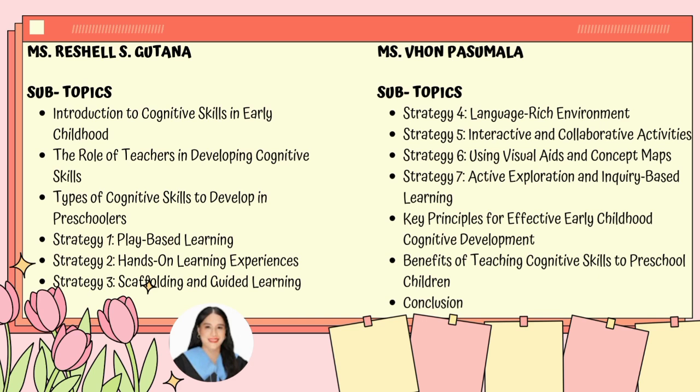Strategy 7, active exploration and inquiry-based learning, and the key principles for effective early childhood cognitive development, and also the benefits of teaching cognitive skills to preschool children. And of course, Teacher Von Pasumala will give the conclusion.